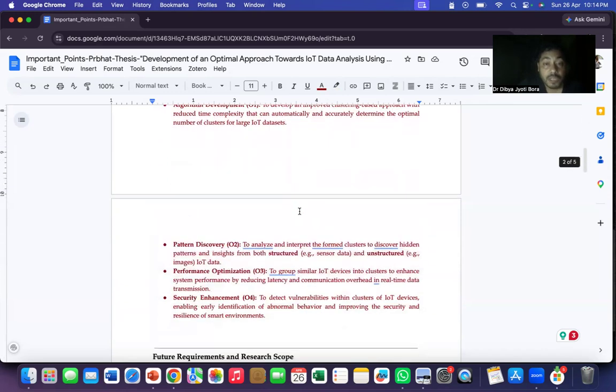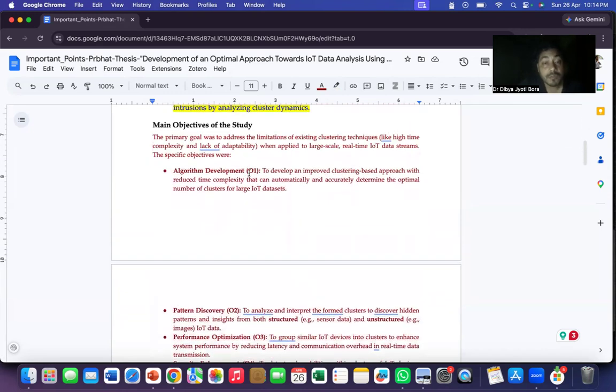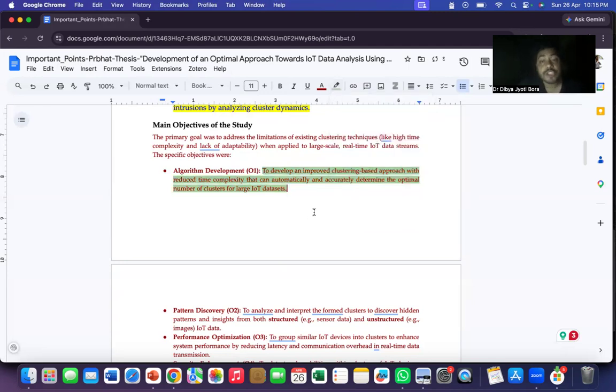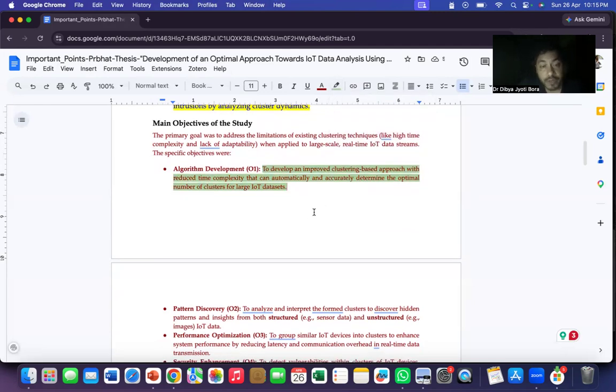And the specific objectives were, first one, O1, that is objective one, algorithm development: to develop and improve the clustering-based approach which reduces time complexity and can automatically and accurately determine the optimal number of clusters for large IoT devices.